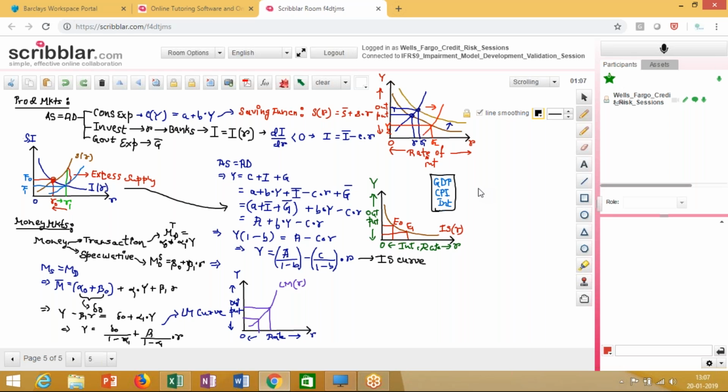So what do you think would be the immediate challenge that we'll get to face? Then we'll come down gradually to the checklists and the questions that we need to answer before we start developing the next 12 months PD model. But before that, what do you think would be the immediate challenge? I put myself on mute and I'll take up the answers from your end.